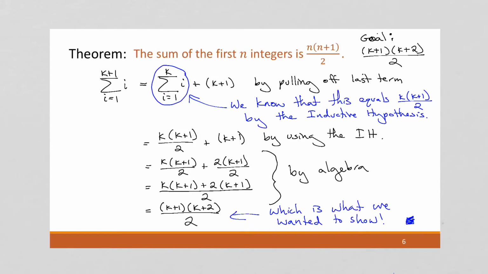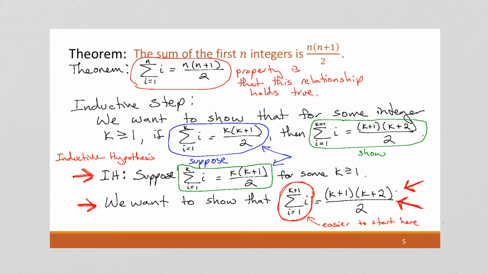We've shown that if we start with one term, this part that we're supposing right here, and we show that it can, if that's true. So we're not saying that it is, I'm just saying if this red part here is true, does that mean that this next part is true?